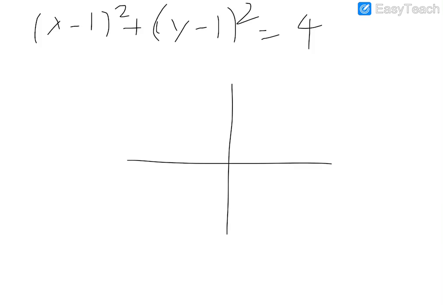So just as a quick example, if you have something like (x minus 1) squared plus (y minus 1) squared equals 4, this would be a circle with a center at (1, 1), and this would have a radius of 2.